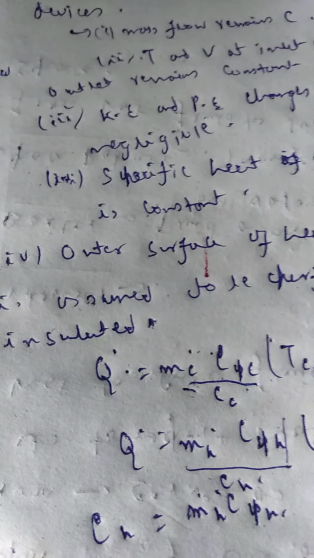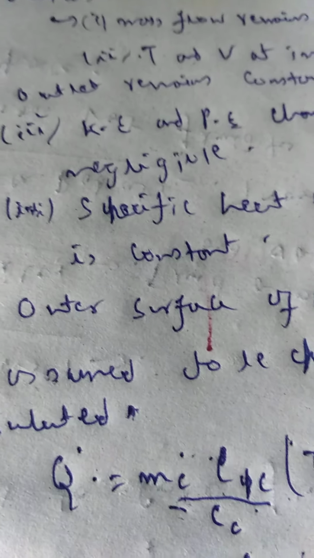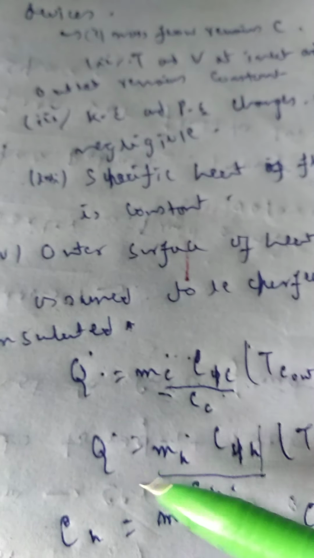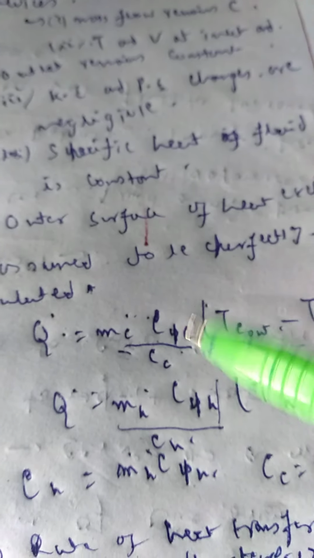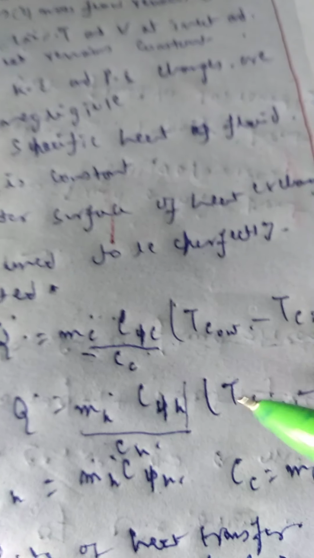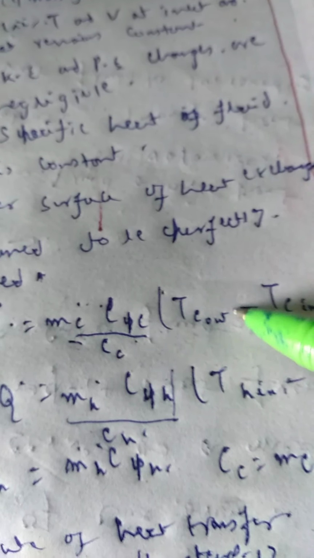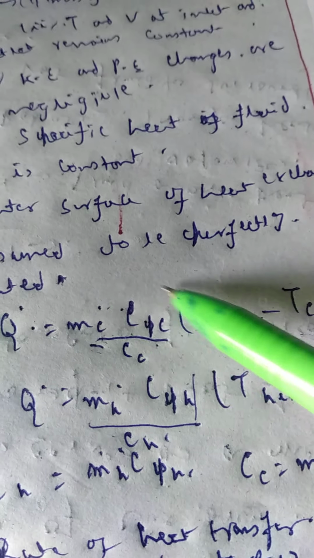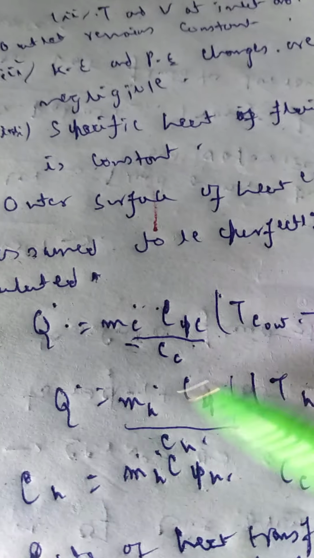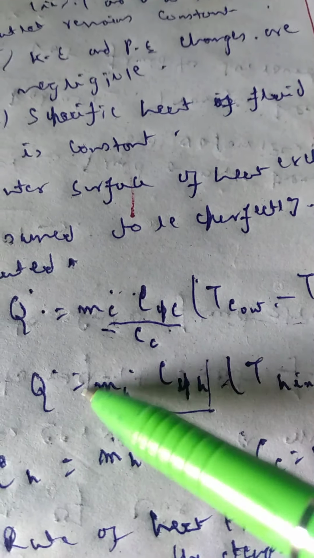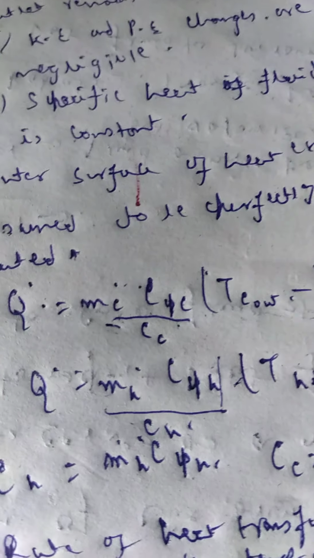So the heat transfer rate is the heat capacity into the temperature change of that fluid. Now this temperature change for both the hot and the cold fluids will be equal only when the heat capacities of these two fluids are equal to each other.